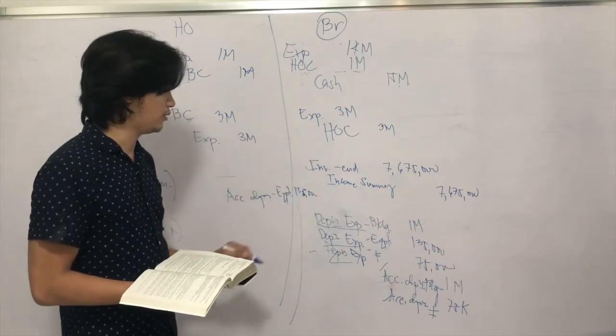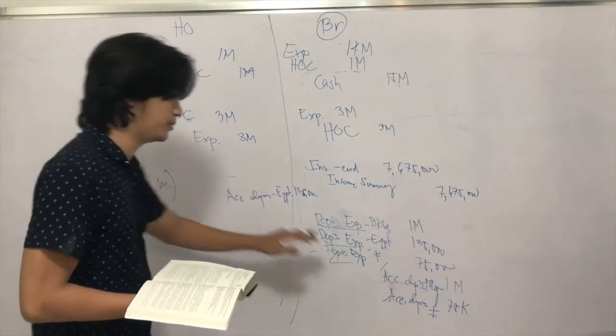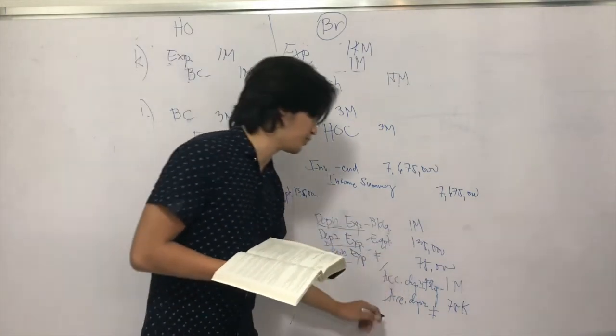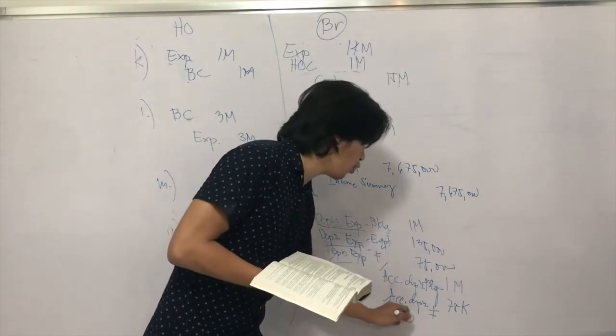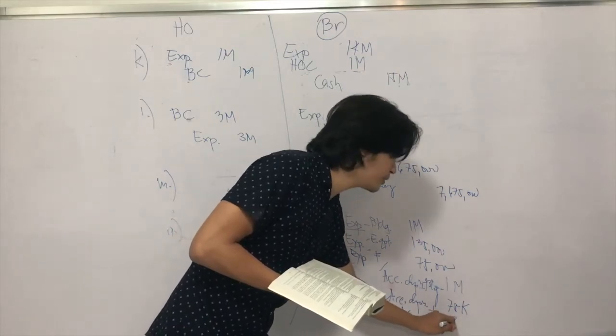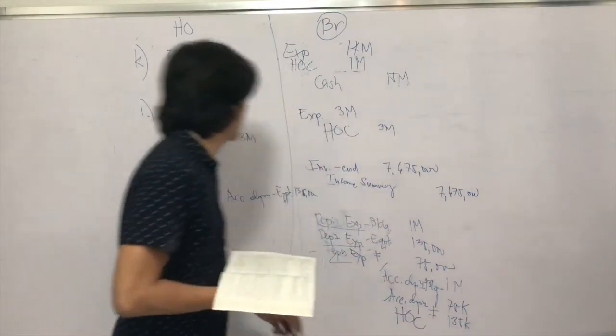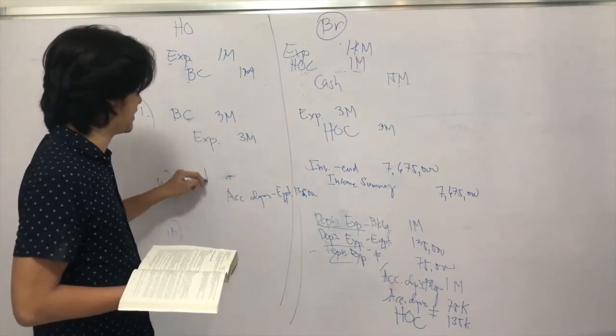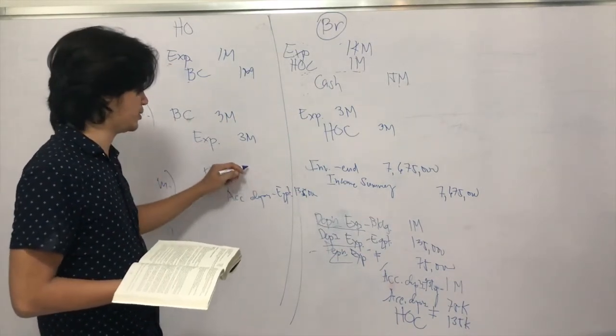So the question now, what would be the debit here and what would be the credit here? In this case, you just put the reciprocal account. So you credit home office current, 135,000. And here you debit, not investment in branch, instead branch current, because we have been using branch current, 135,000.